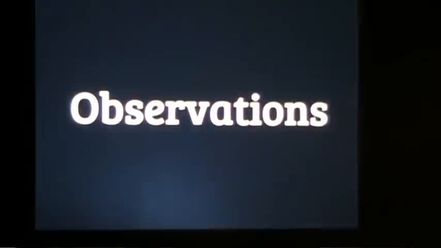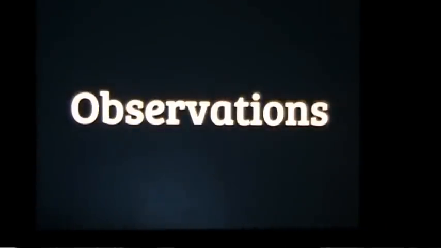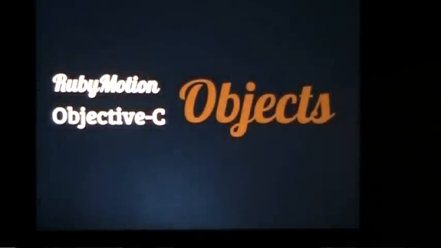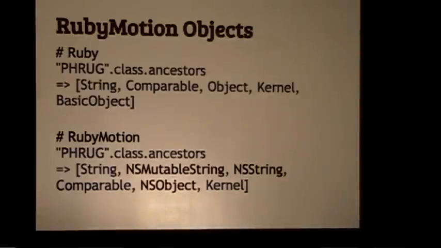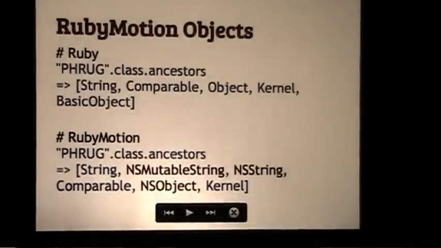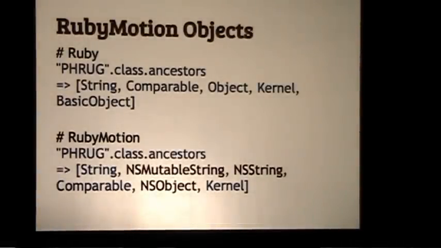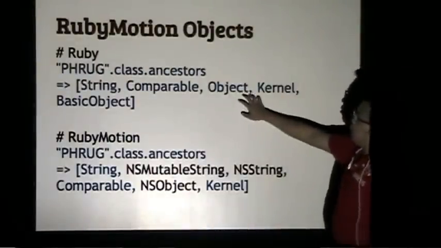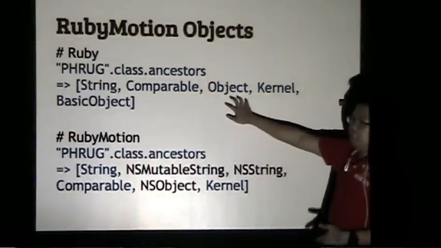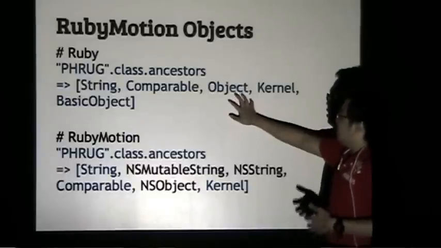A few observations from experimenting with RubyMotion. First, RubyMotion objects are Objective-C objects. An example of that: you have a string, and you get its ancestors. In normal Ruby, you would get String, Comparable, and basically every object's ancestor is Object.